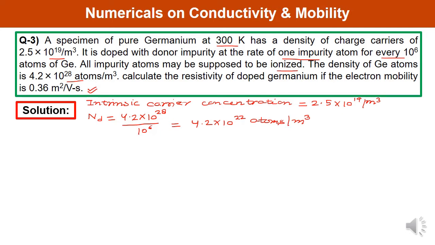Here, donor concentration is very large in comparison to the intrinsic concentration. Both the terms you have calculated: this is the intrinsic carrier concentration, this is the donor concentration, and the donor concentration is large in comparison to the intrinsic concentration.